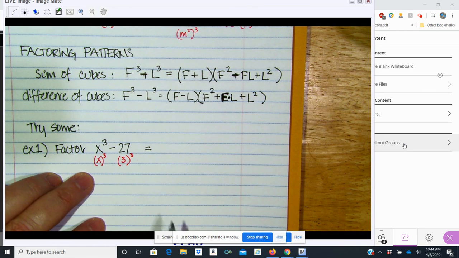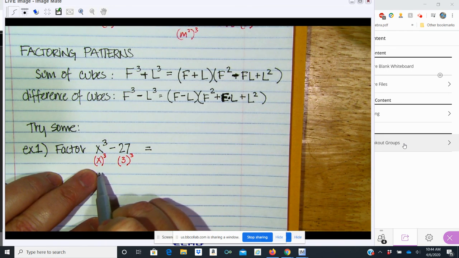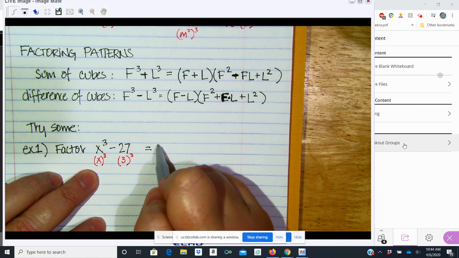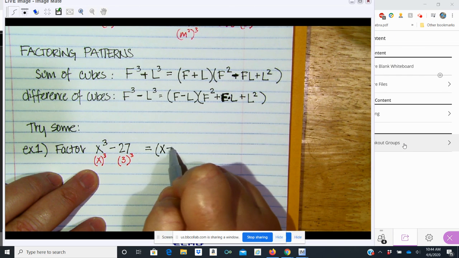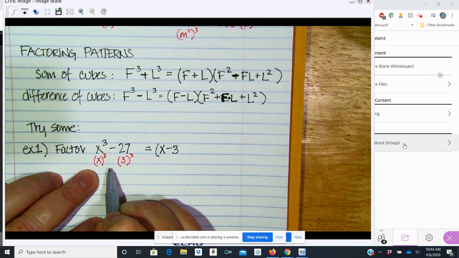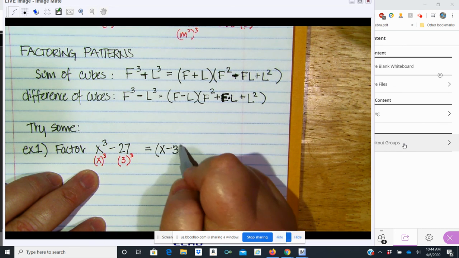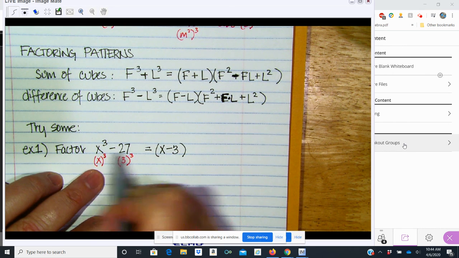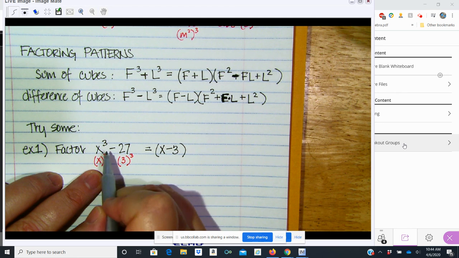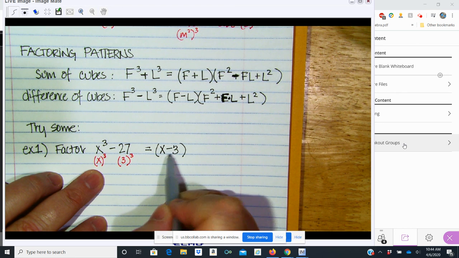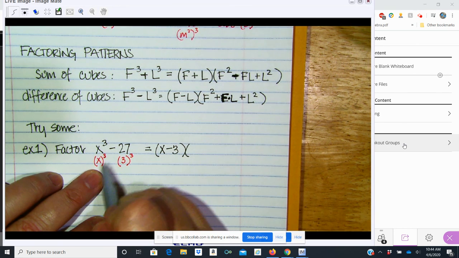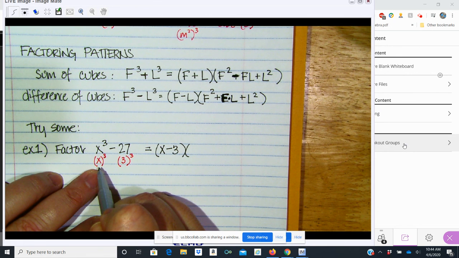So this would equal the first minus the last, x minus 3. Notice I'm using the cube root, x minus 3. The sign is staying the same as what it was. Then it's the first term squared, or the first root squared.